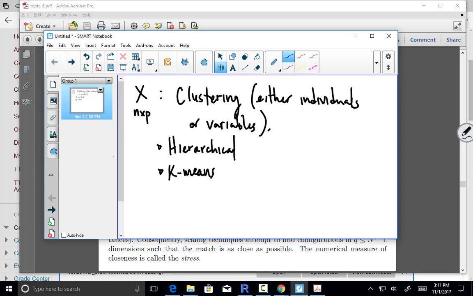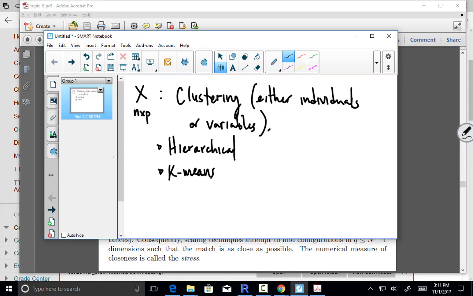K-means clustering is a totally different algorithm. Both of them are trying to discover groupings. So they're both aimed at the same problem, but they're different algorithms, which means they operate differently. They may give different results depending on the situation. But the idea of k-means is a very simple idea, and that is to group individuals.